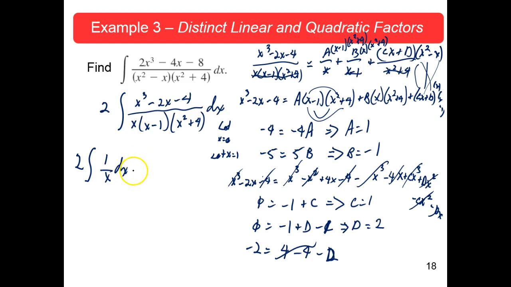The b is a minus 1, so it's going to be a minus the integral of 1 over x minus 1 dx plus c is 1 and d is 2, so that would be the integral of x plus 2 over x squared plus 4 dx.